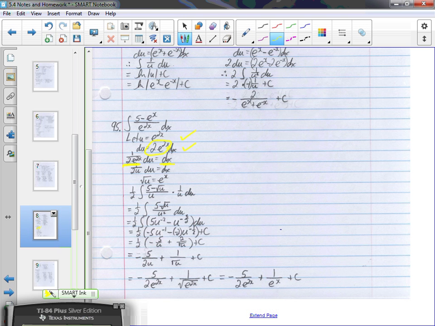But wait, that 2e to the 2x is 2u, isn't it? E to the 2x is u, so that 1 over 2e to the 2x is 1 over 2u. And we still might be wasting our time.